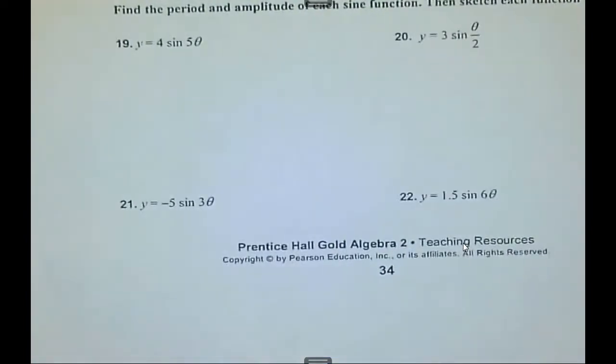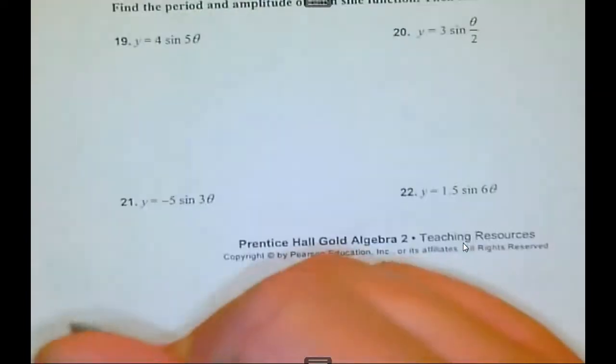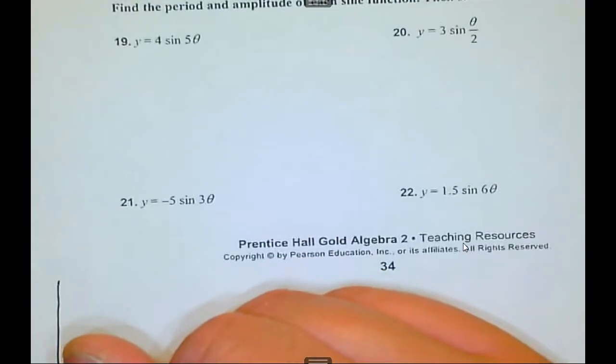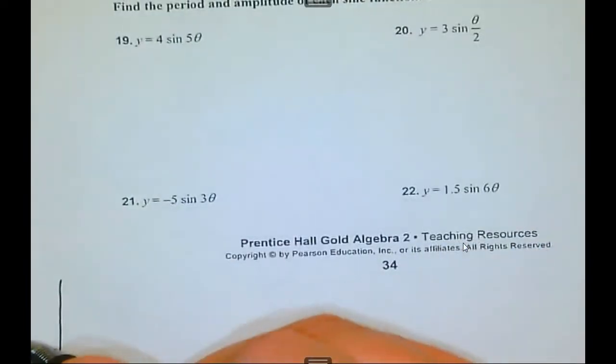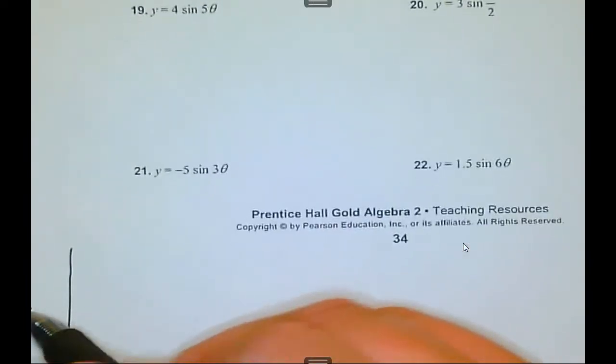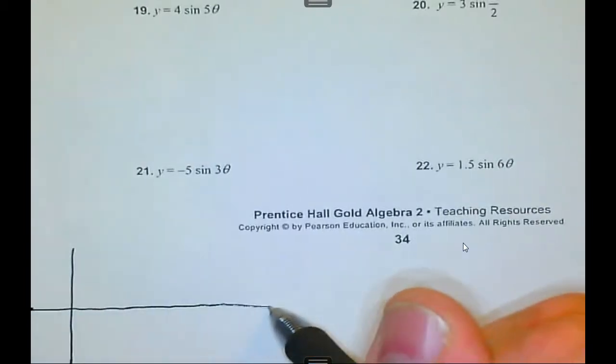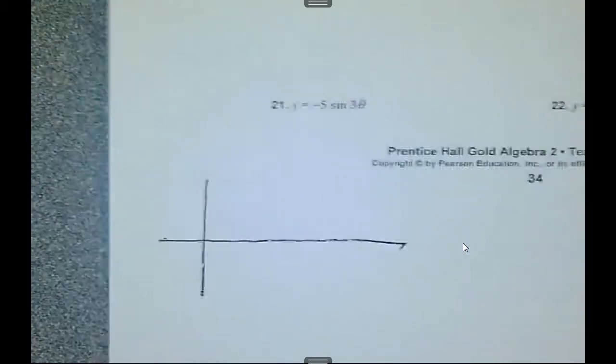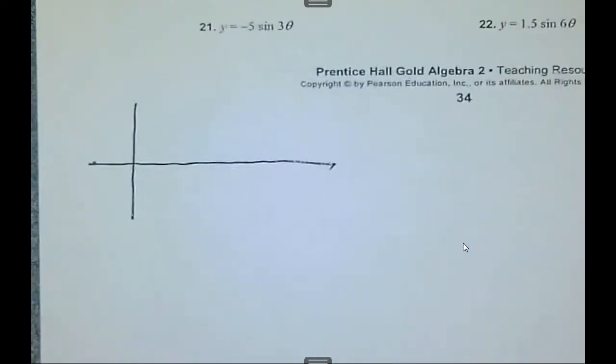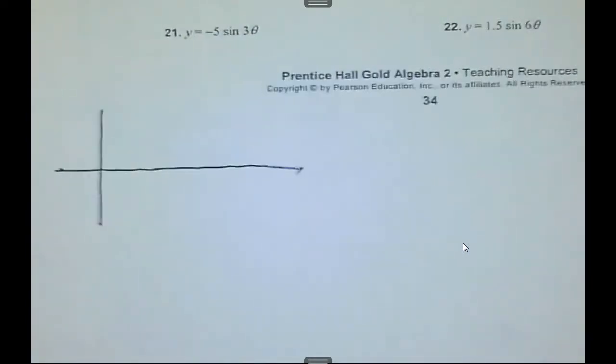I'm going to sketch the graph. So I need my y-axis. Need my x-axis. I don't want to move everything because then the cord will mess up.